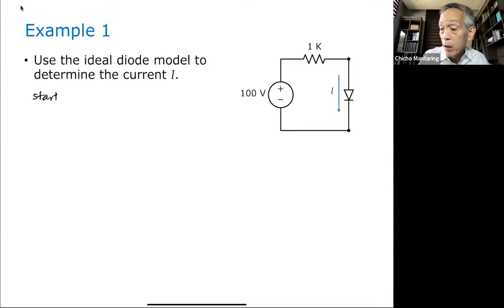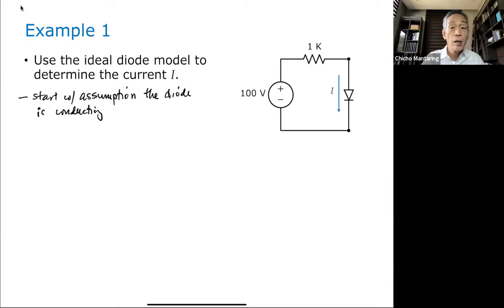So I replace the diode with its model in the conducting state. And for the ideal diode model, that is a short circuit. So I will replace it with a short circuit.